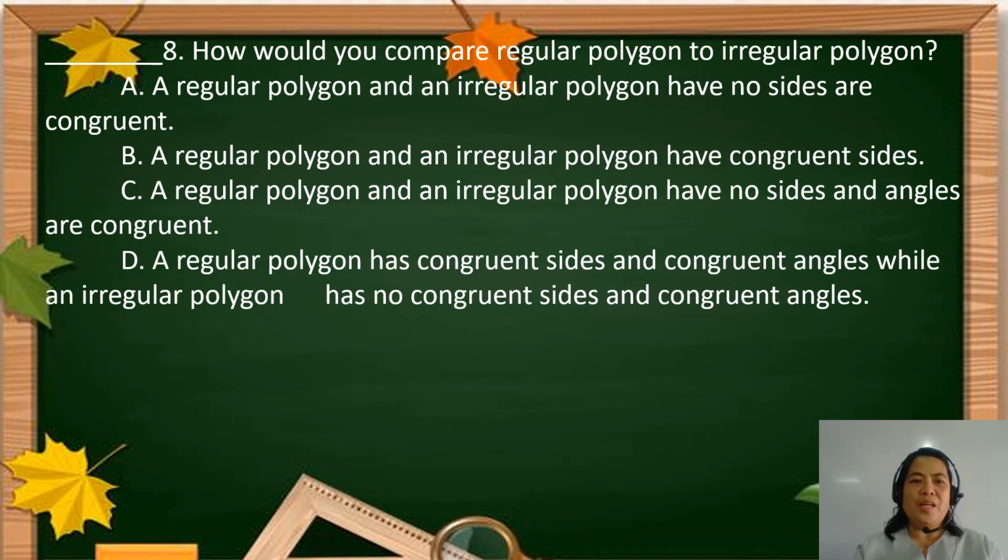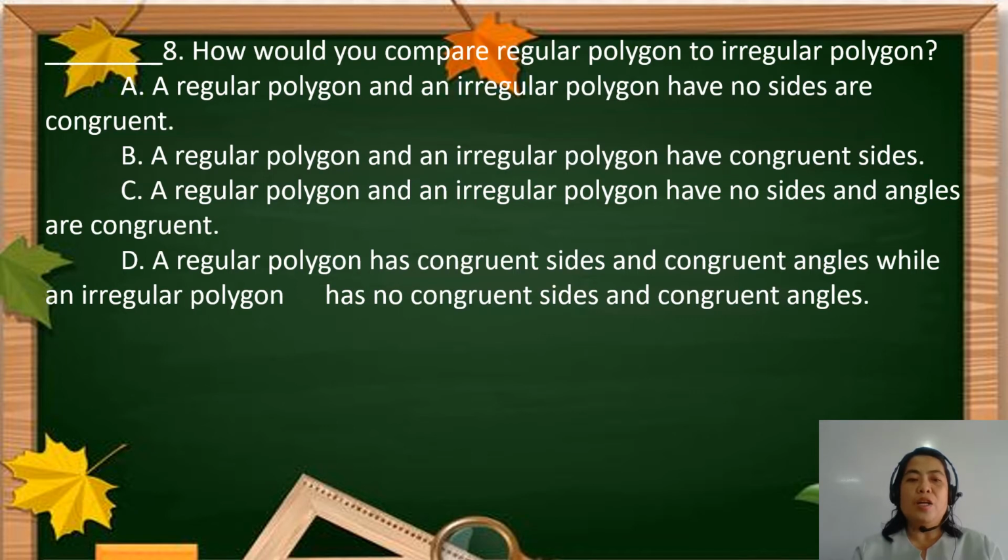Question number 8. How would you compare a regular polygon to an irregular polygon? A, a regular polygon and an irregular polygon have no sides congruent. B, a regular polygon and an irregular polygon have congruent sides. C, a regular polygon and an irregular polygon have no sides and angles congruent.